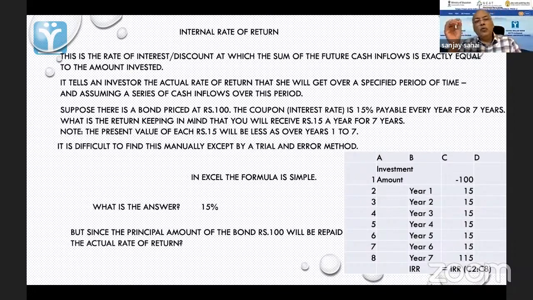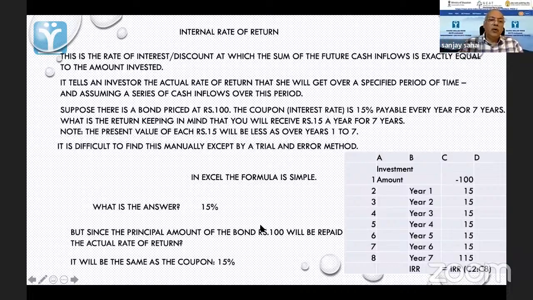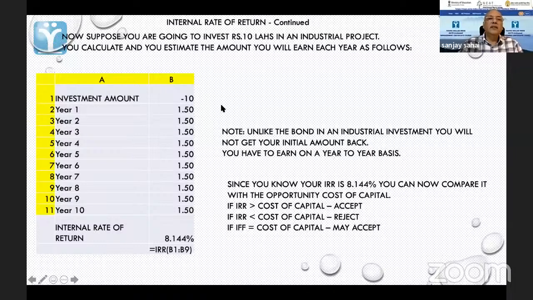And in fact, if you do this exercise, I'll show you the formula in a little while. You do this exercise in Excel for any debt instrument that you have, you will find that you'll get the exact rate of interest that was actually being offered to you. So the IRR will be the same as the coupon that they offered you. So remember this.